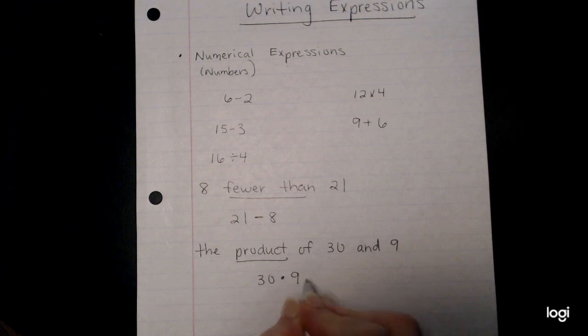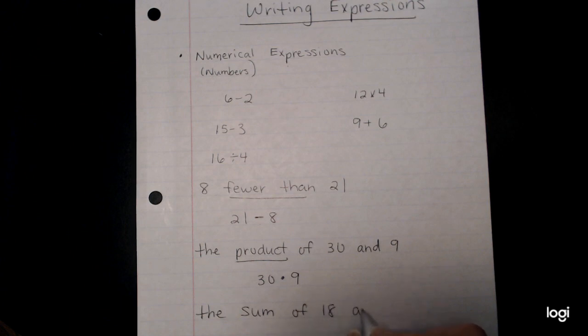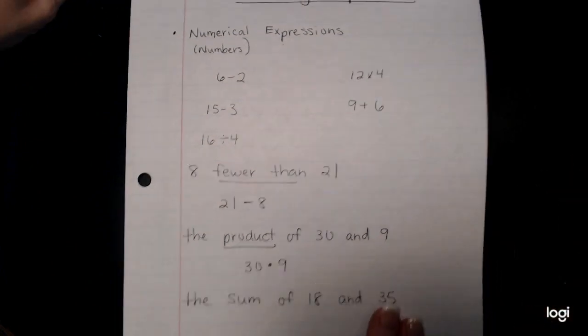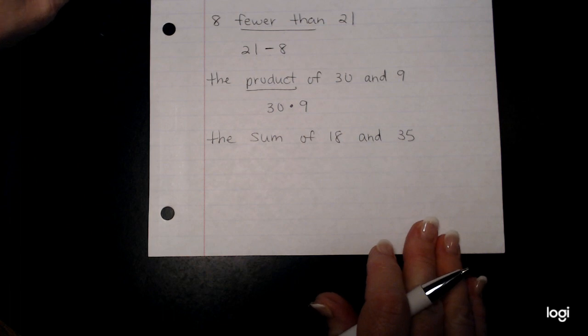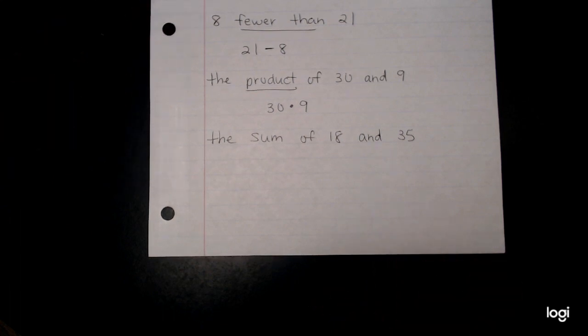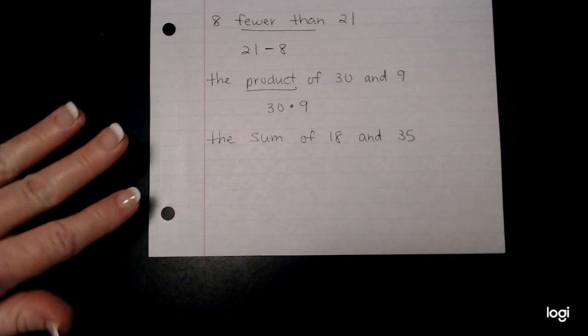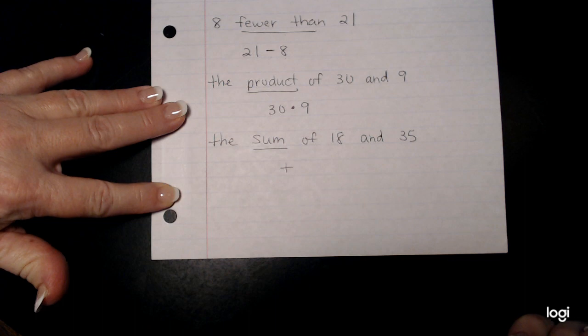All right, I'm going to have us write another one. The sum of 18 and 35. Let me move this up for you guys to see. And I'm going to have you go ahead and see if you can write one yourself. All right, well, hopefully you looked and you found the word sum means plus. 18 plus 35.